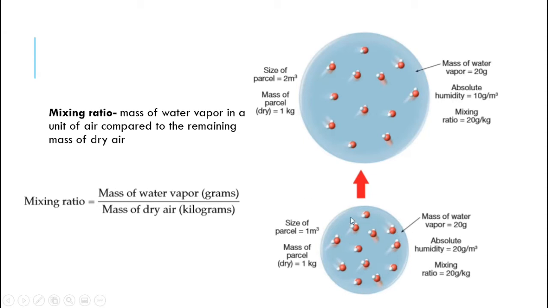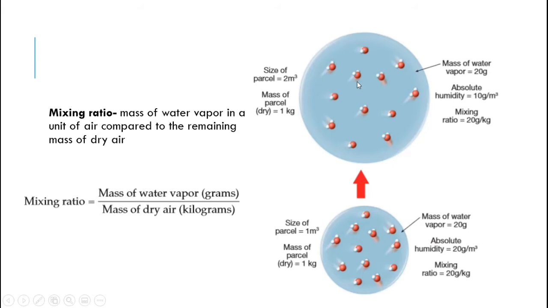Because you can see here, this one has smaller volume. Okay, so there would be 20 grams here because of its smaller volume. So parang they are compressed in 1 meter cube. But absolute humidity here is less because this parcel of air has higher volume. Therefore, if you're going to look at 1 meter cube, there will be few water vapor present.